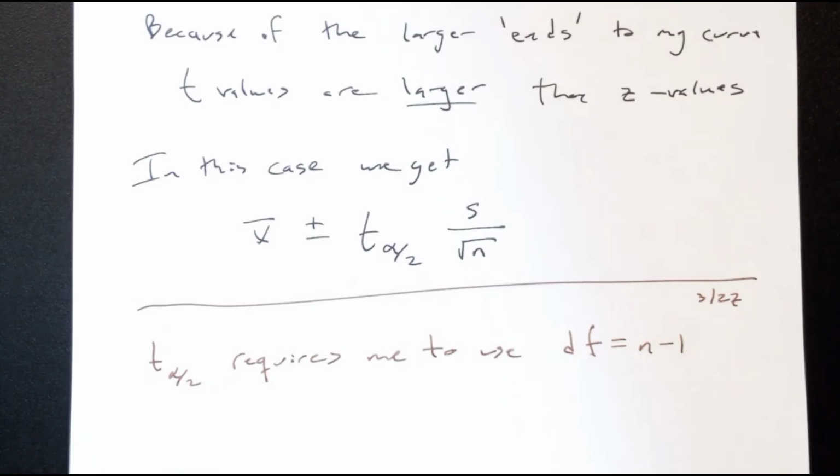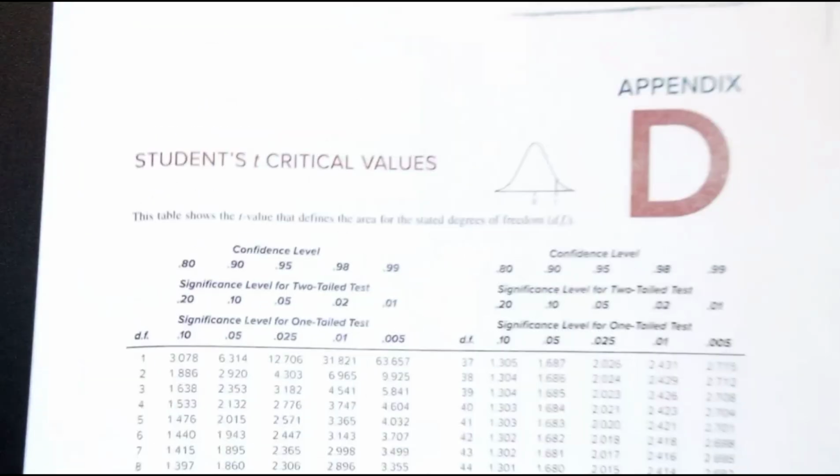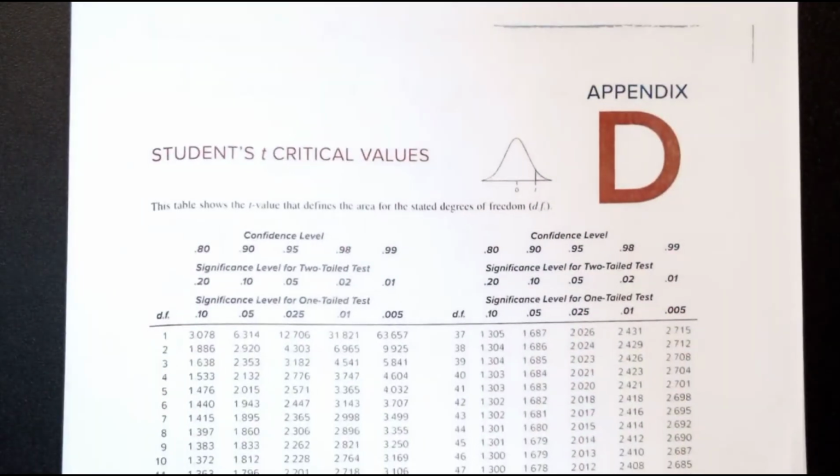Again, in the back of our textbook, we've got a table. Our t-value is always returned as the positive value in this table.